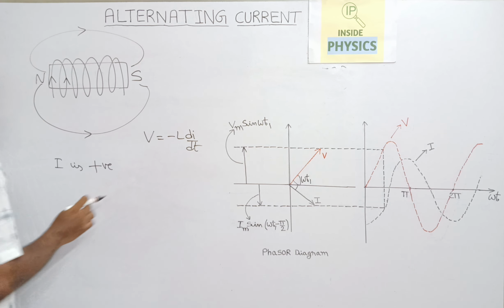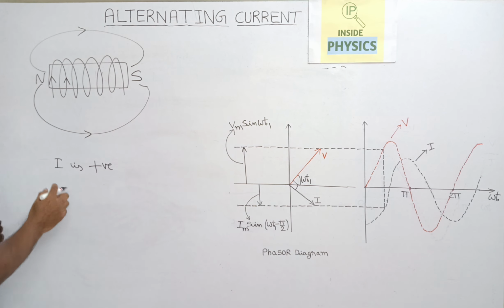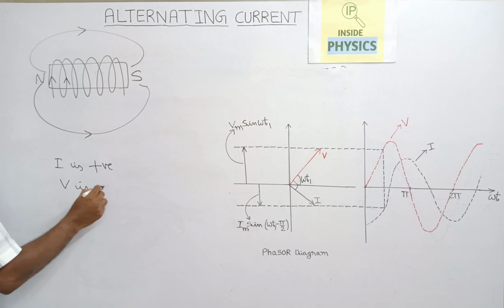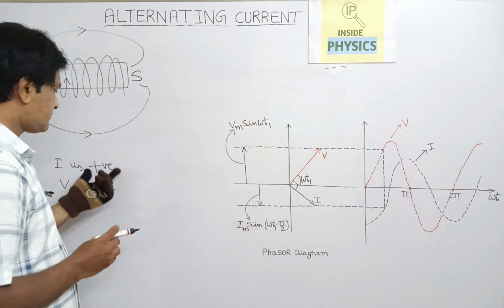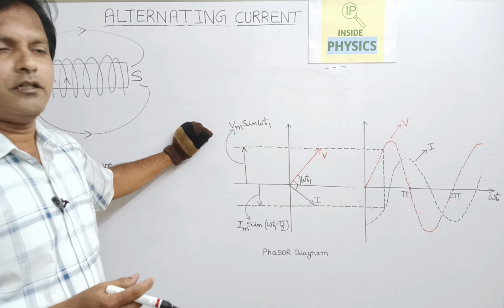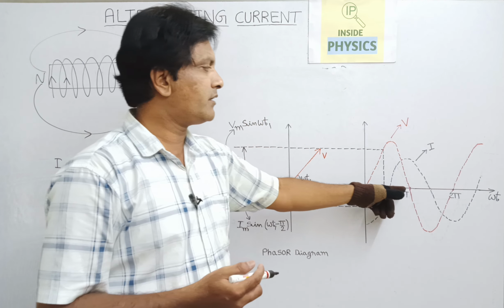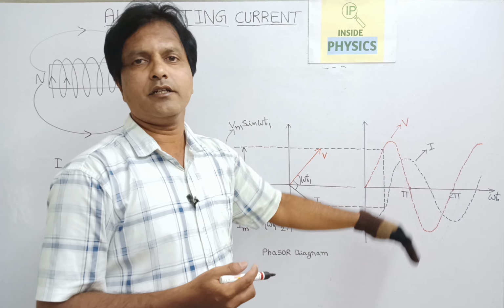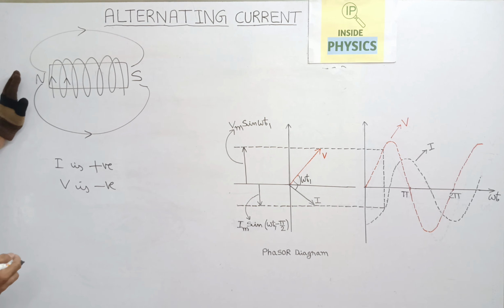Since the current is decreasing, the potential difference is negative. So the inductor will be giving back power, and the power consumed earlier is returned to the source. So all in all, in one cycle the power consumption is 0.